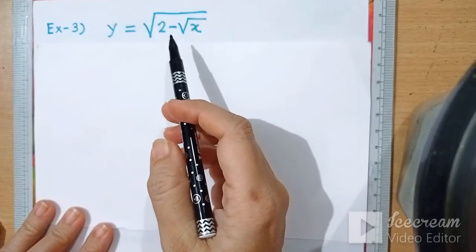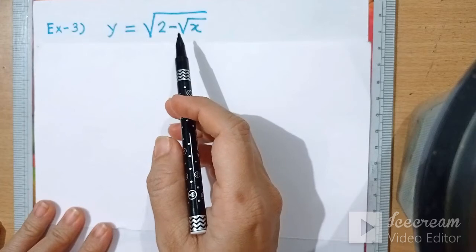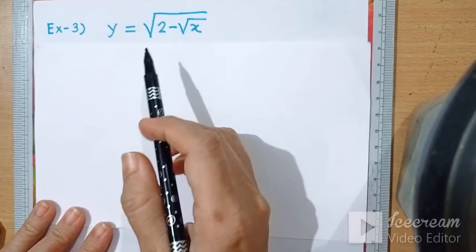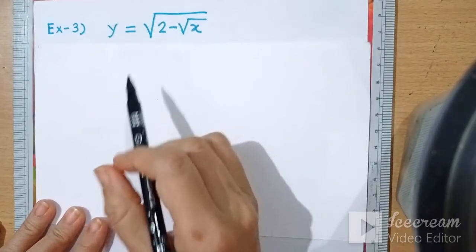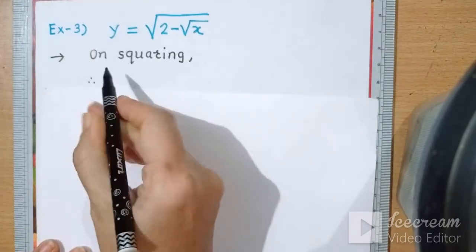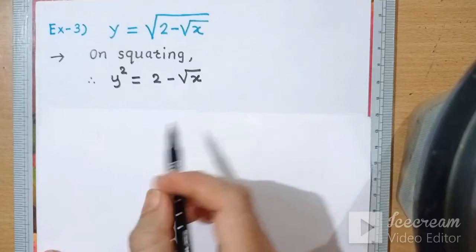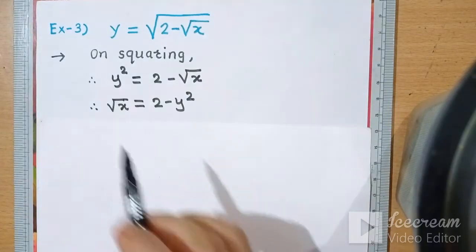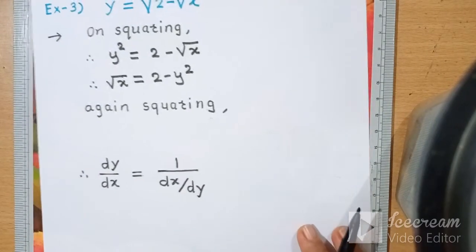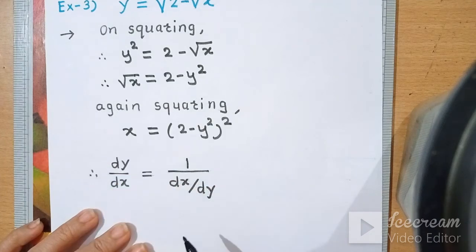This is also the same type of example, and first we will express x as a function of y. So on squaring we have, now shift this root x here and y square there. Therefore again on squaring we have the square.